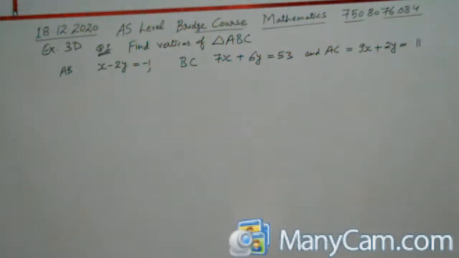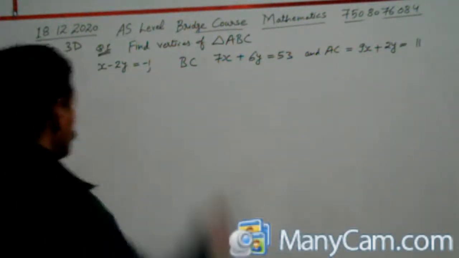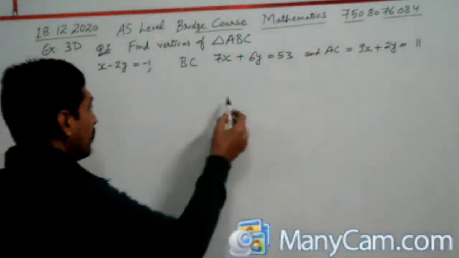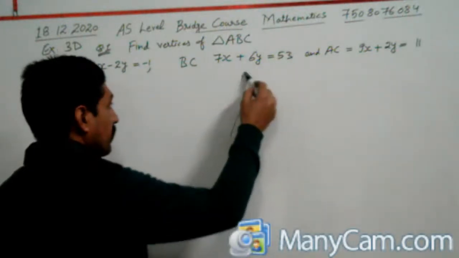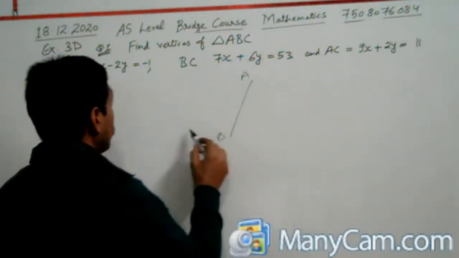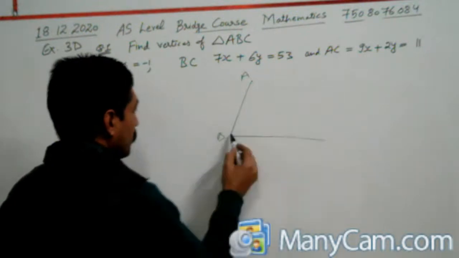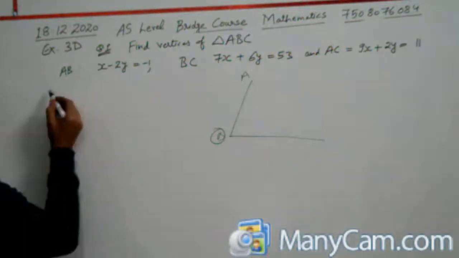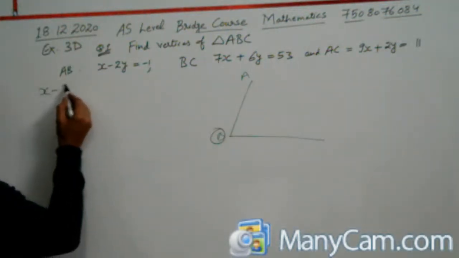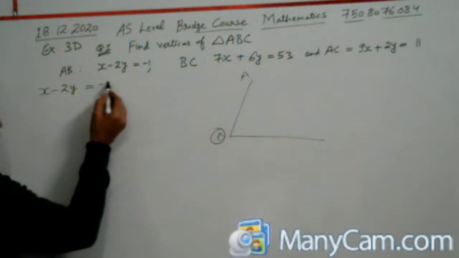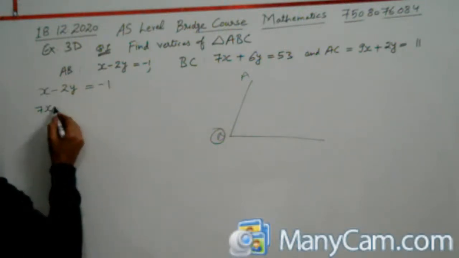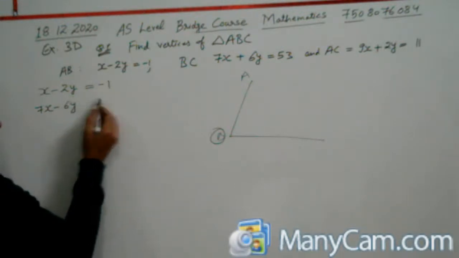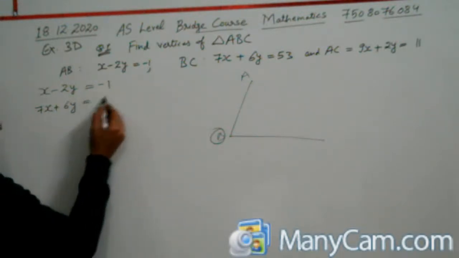So how to do it? Of these lines, one is AB and one is BC, one side is AB and another side is BC. So we will get the vertex B. One is x minus 2y is equal to minus 1, and here it is minus x plus 6y is equal to 53.